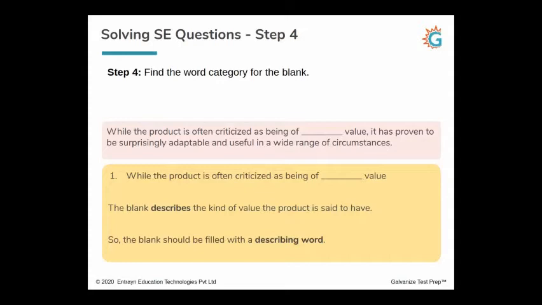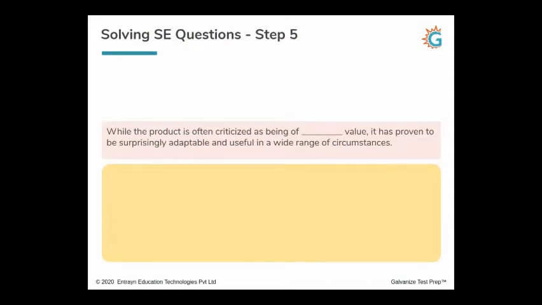That's fine, but that is the part that will contain the clue. In step 3, we look at the transition words and understand in what direction the sentence is turning. In step 4, you identify the word category for the blank. So far it's kind of scattered all over. In step 5, you will see the connection in whatever we have done so far. Let's go to step 5, a very crucial step.